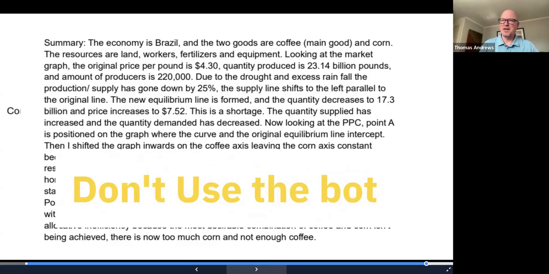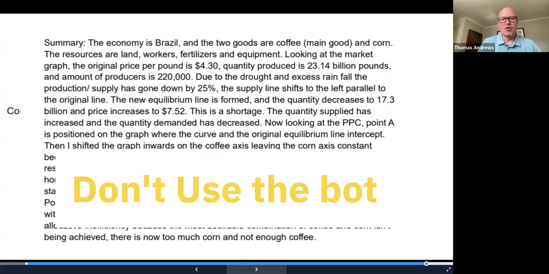So I spend a lot of time teaching the students how to write these analysis paragraphs, how to explain what's going on, and then all they have to do is execute what I've told them to do, which is less work than trying to explain to the bot how to do the explanation of the paragraph. I don't know if that makes any sense.